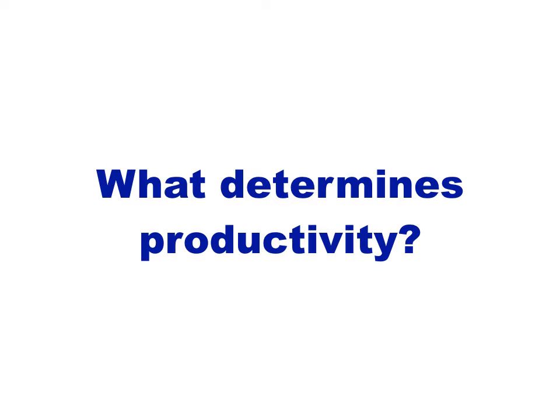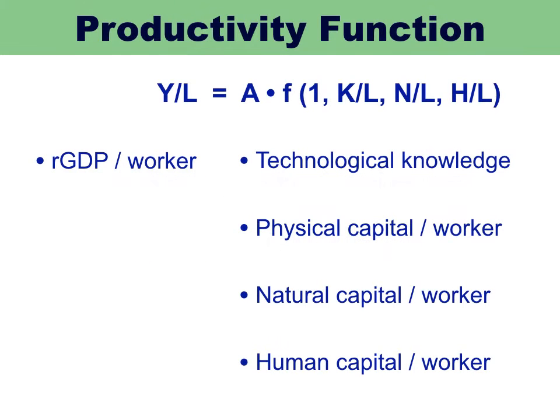So what about productivity? Well, productivity is simply taking all of these factors that we've just talked about and dividing them by L. So we've got Y over L, which is productivity. That is production per worker, or production per person.